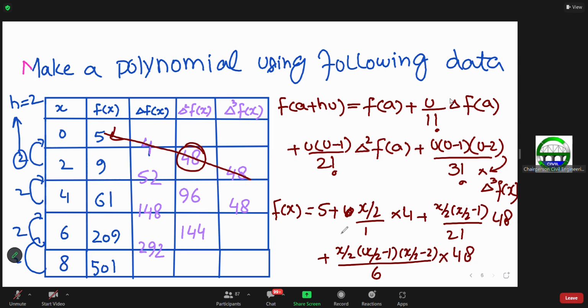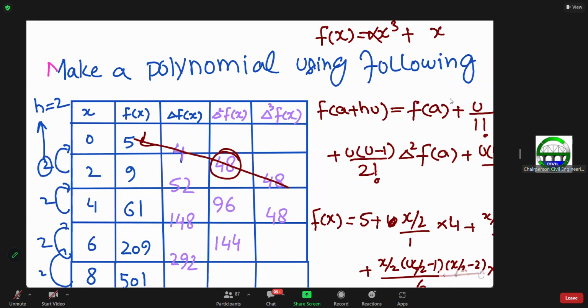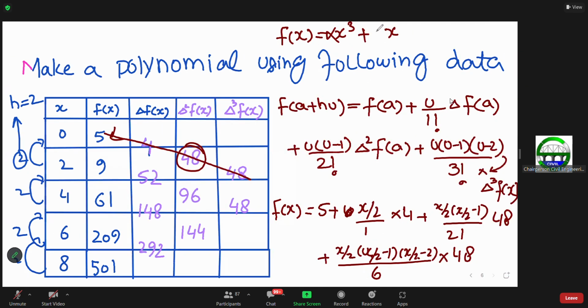So now here there is x, so at the end of the day you will get one polynomial, and the polynomial will look like f of x is equal to, maybe, some coefficient times x cube, plus some coefficient times x squared, plus another coefficient times x, and then plus a constant.